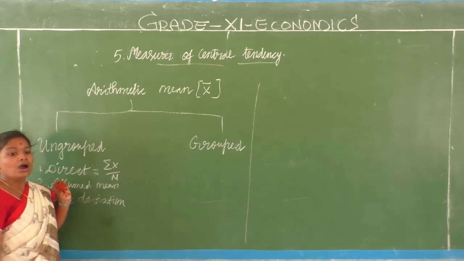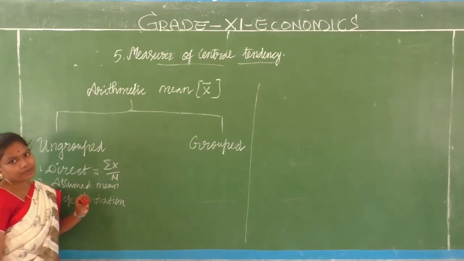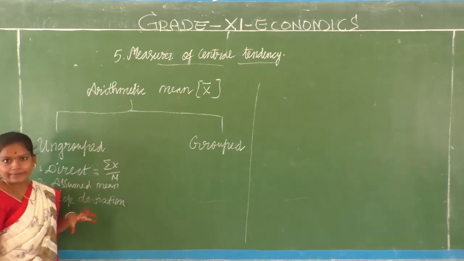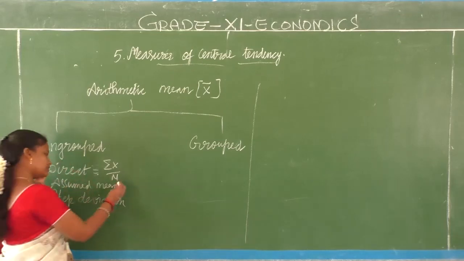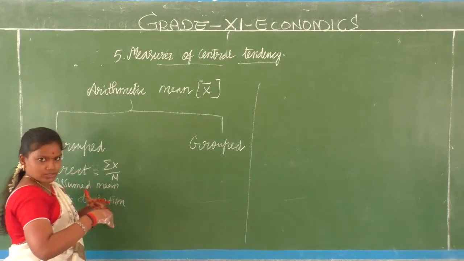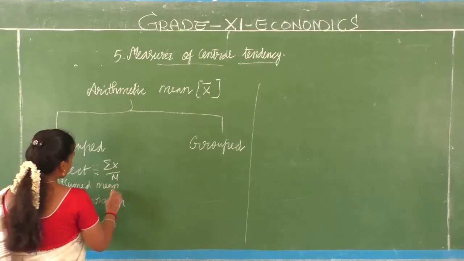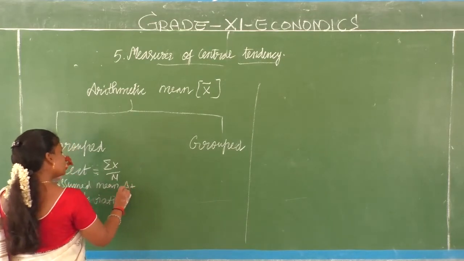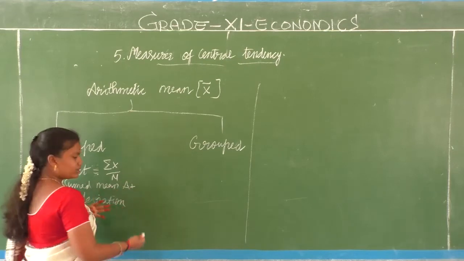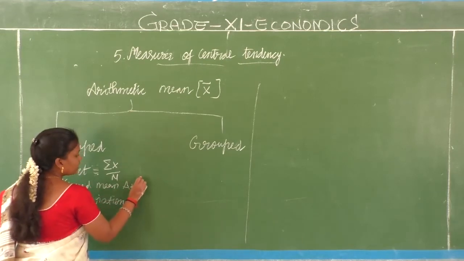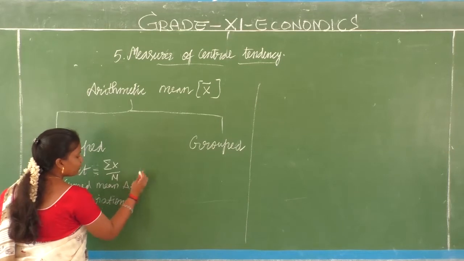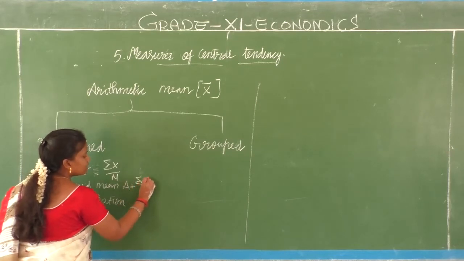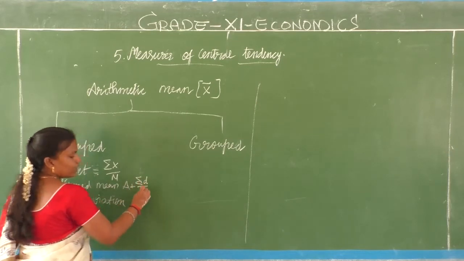We choose one particular value, okay, as A, and with that you calculate the d values, then you proceed. So what is the formula here? You calculated the deviations, so you had A plus sigma d by n.